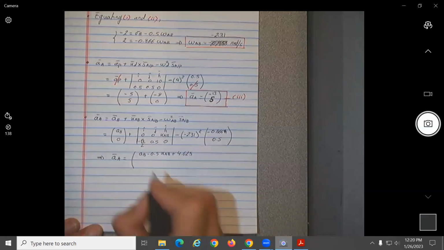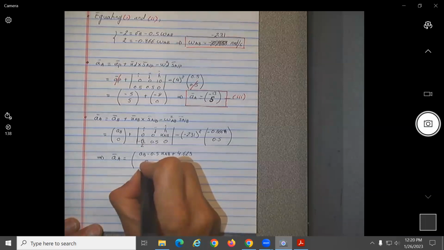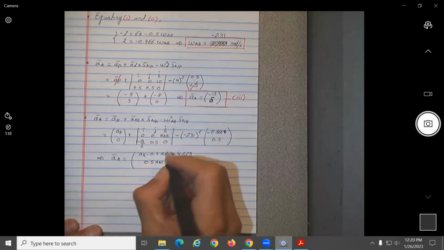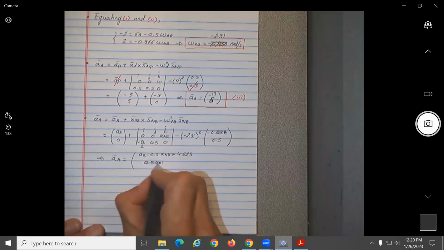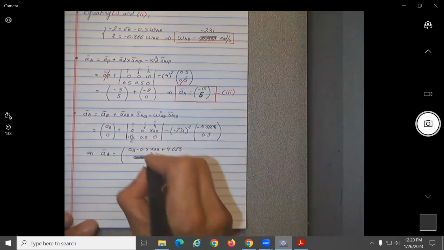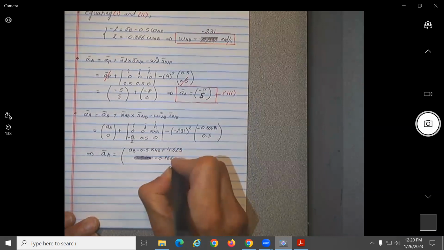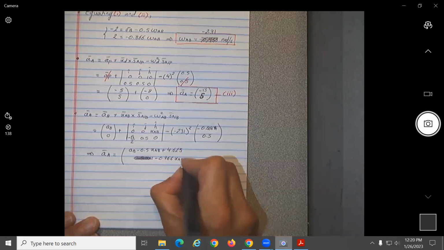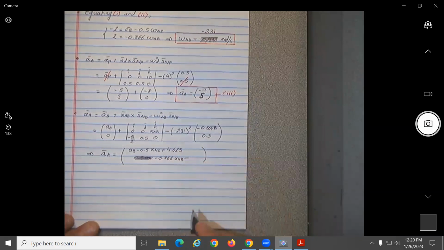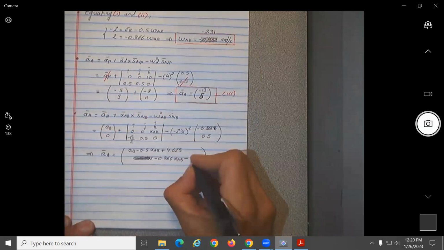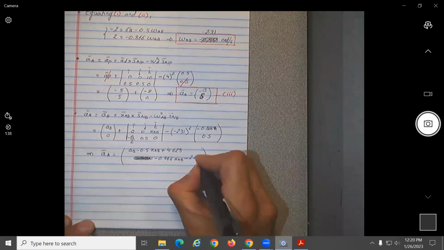Then the second equation will be 0.5 alpha AB. Sorry, wrong. Negative 0.866 alpha AB minus 2.31 squared times 0.5, 2.668, 2.668.